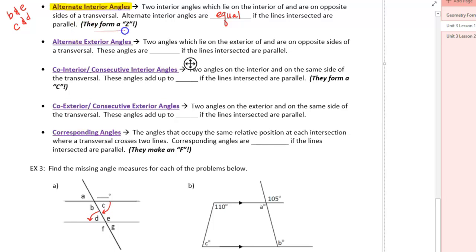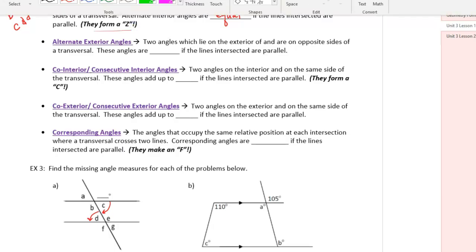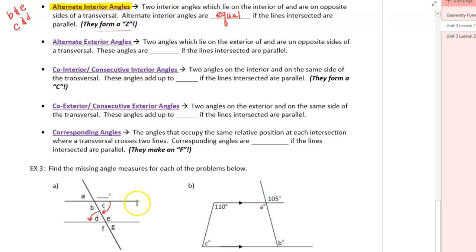This says they form a Z. So just to show you what that Z looks like, this is what that means. Because we're looking at angle C and angle D, think of that as a Z, if that helps. So that's alternate interior angles.